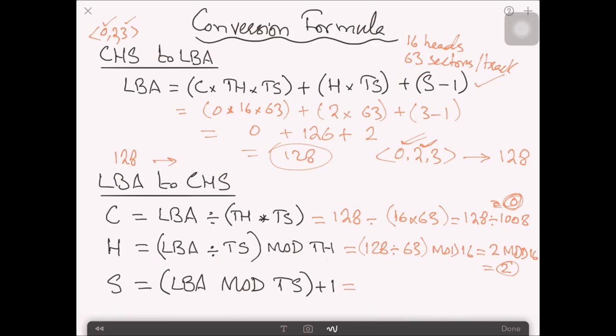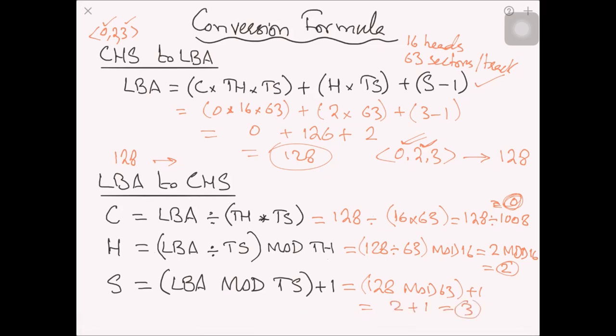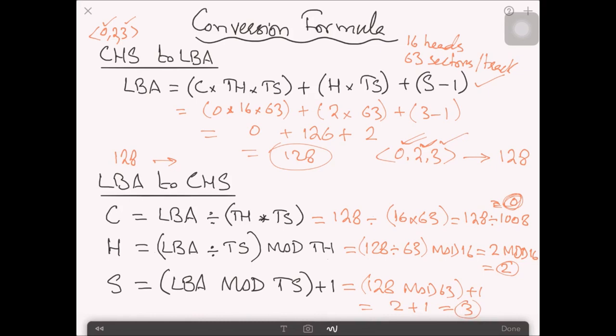And finally the sector: LBA 128 mod the total number of sectors 63, plus 1. 128 mod 63 is 2, plus 1 is equal to 3. So gentlemen, you can use these formulas to convert from CHS to LBA and from LBA to CHS.